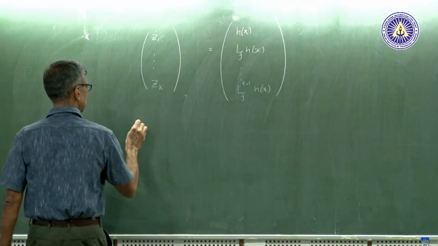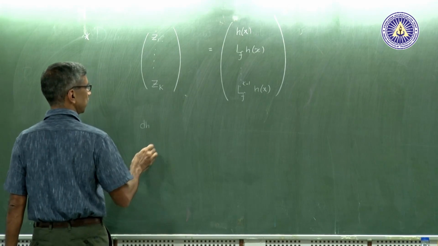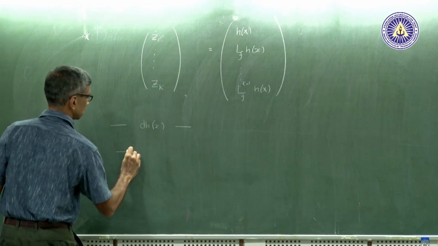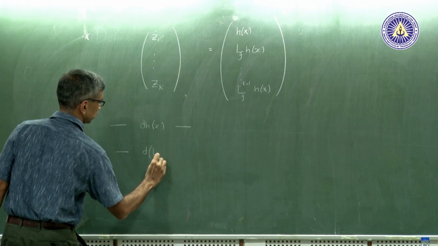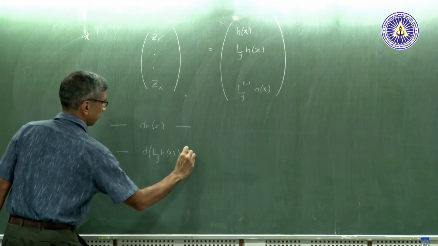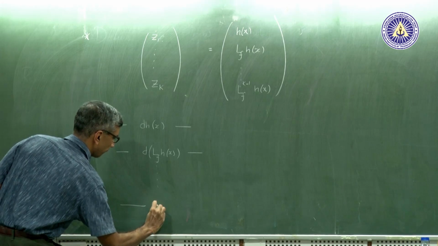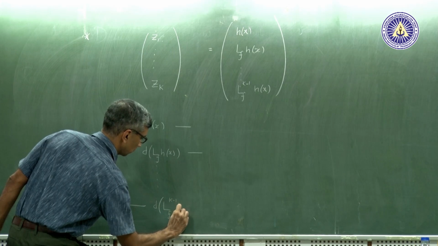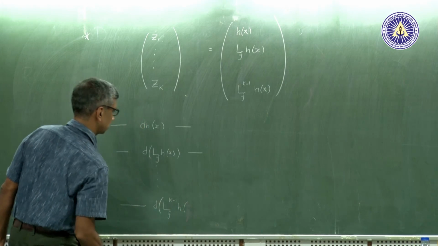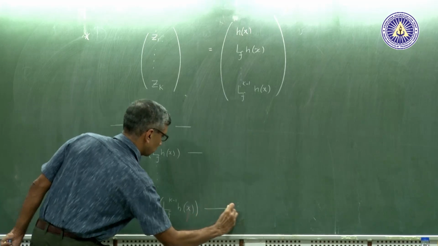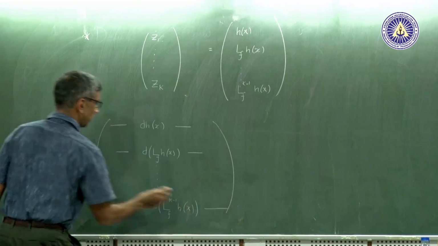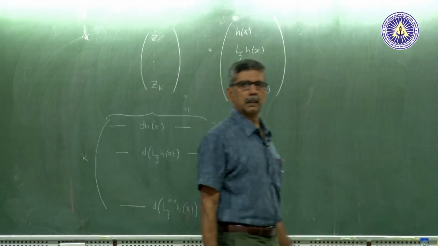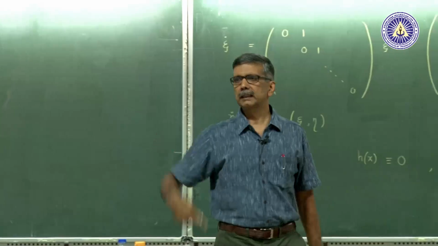For that purpose I said that we assume that linearly independent means the following: that this K by n matrix had rank K at all points x in the region we were looking at.